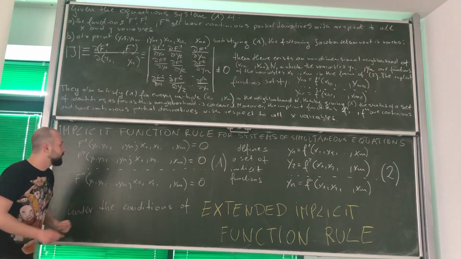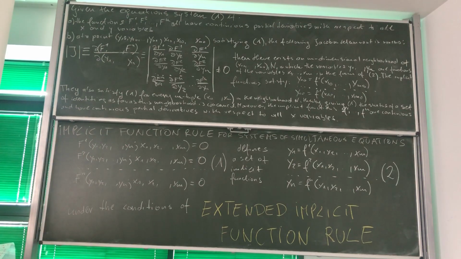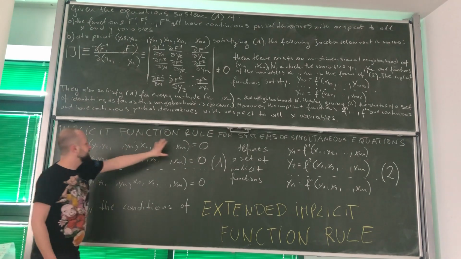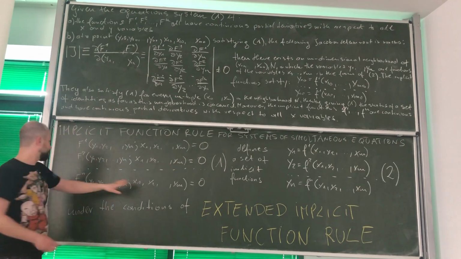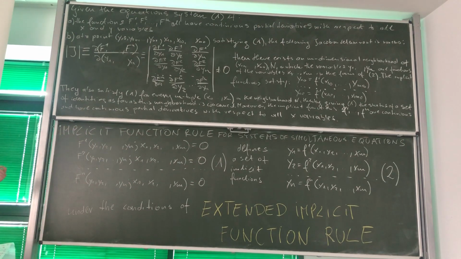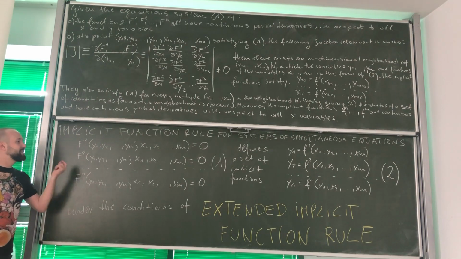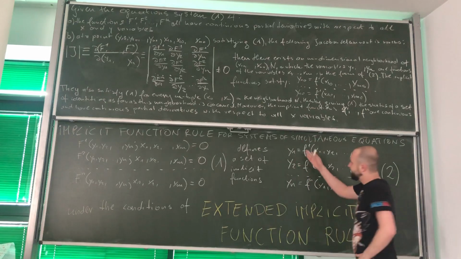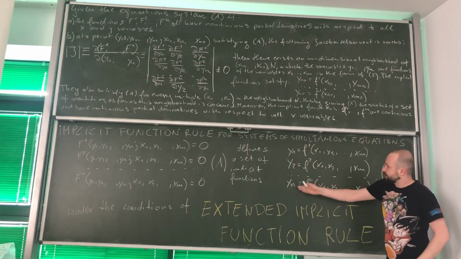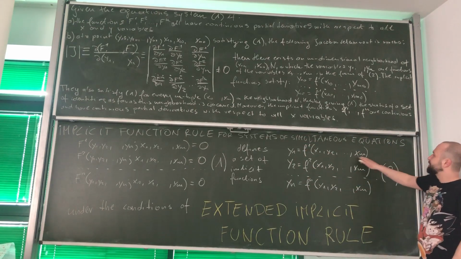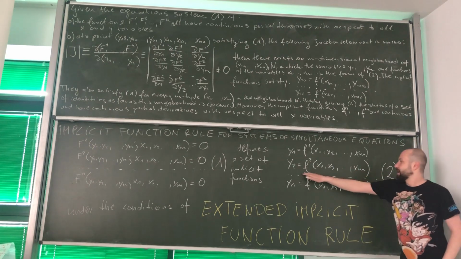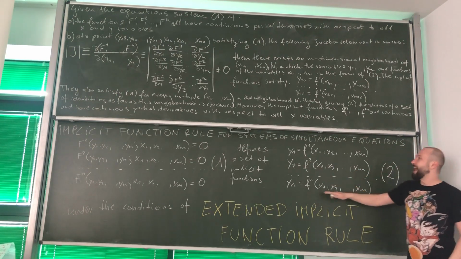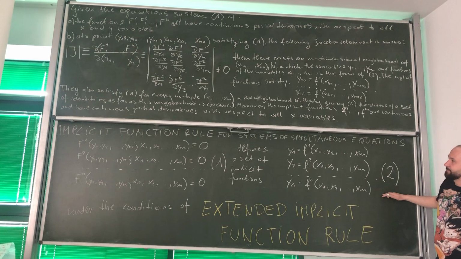Because look, what we want to do now is that given these functions, we want to know if they define a set of implicit functions where all the endogenous variables can be expressed as functions of exogenous variables alone.